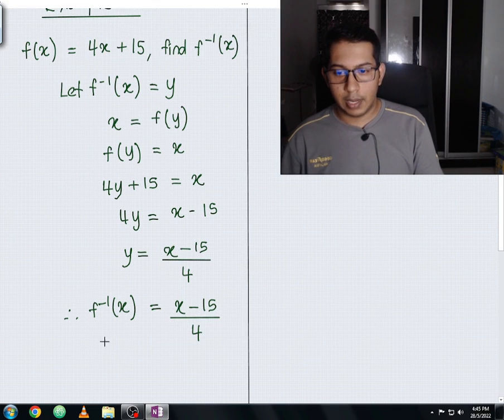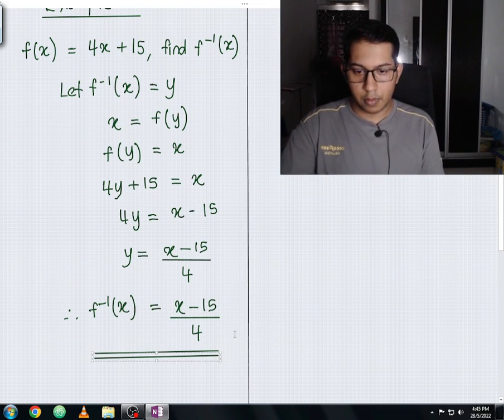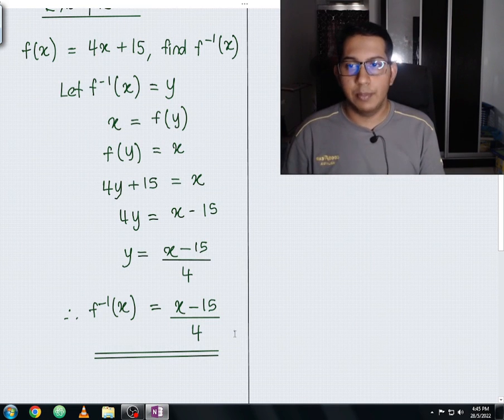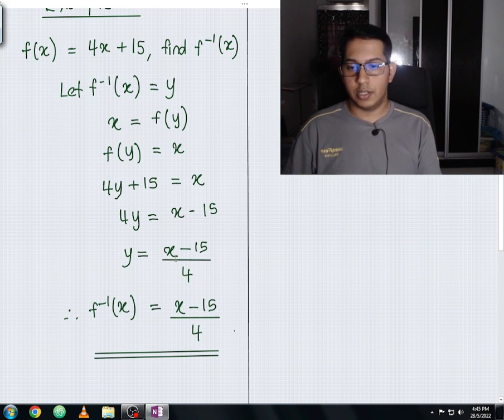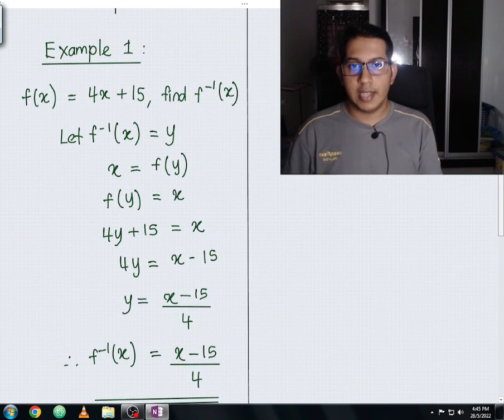Let me underline this. So this is your example 1. Your normal function f x is 4x plus 15, where your inverse function for f x is x minus 15 over 4. So this is your inverse function.